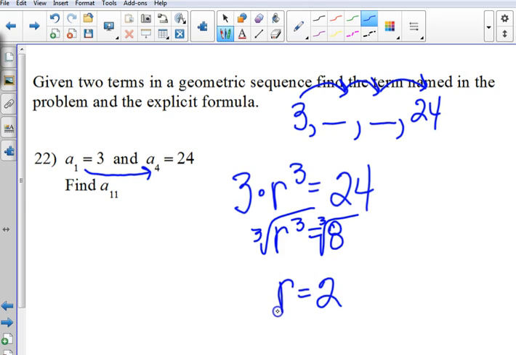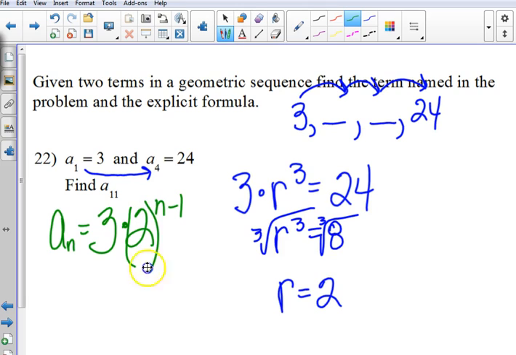What else are we supposed to do here? Oh, let's write the explicit. Oh, that would be fun. What would that look like? a sub n equals the first term, which is 3 times (2) to the n minus 1.